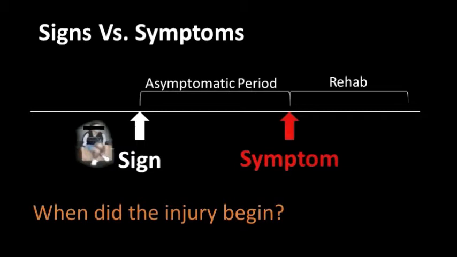Let's say you have knee pain. That's a symptom. A sign would be, maybe there's swelling. I can see and measure that there's swelling around that area. So for injuries, the relationship between our signs and our symptoms is very important for how we prevent injuries.